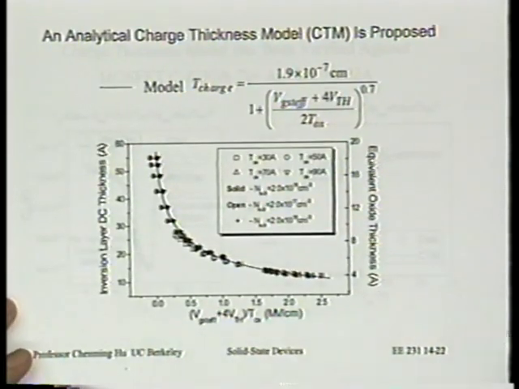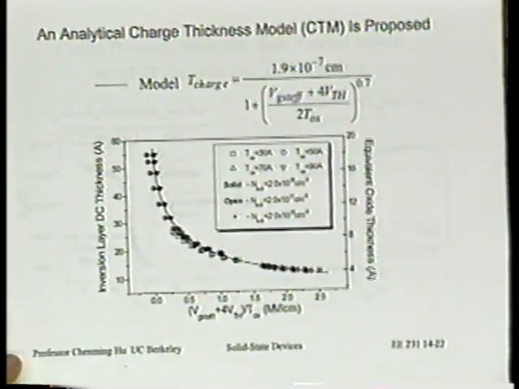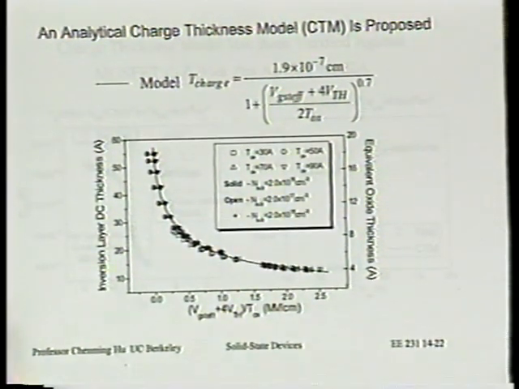Now, let's just check 1 or 2 others. We can do this very fast. Now, remember, this model so far still has a problem. That is, we still kind of implicitly assume the charge is at the surface. Therefore, TOX, oxide thickness, determines a lot of things.